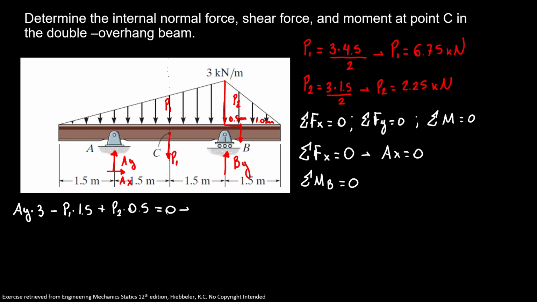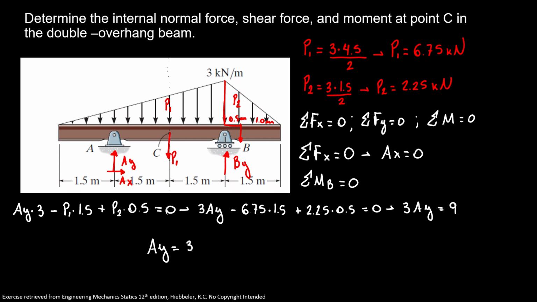So here I have 3AY minus 6.75 times 1.5 plus 2.25 times 0.5 is equal to 0. Here I have 3AY is equal to 9. Now we discover that our AY is equal to 3 kilonewtons. Now we discover our external reactions for point A.